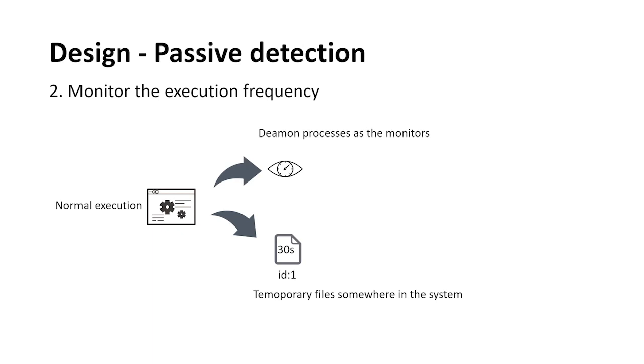If the protected program runs normally, every time it runs, it creates a daemon process and a temporary file somewhere in the system. The file will exist for a certain time period. In this example, we define it to be 30 seconds.